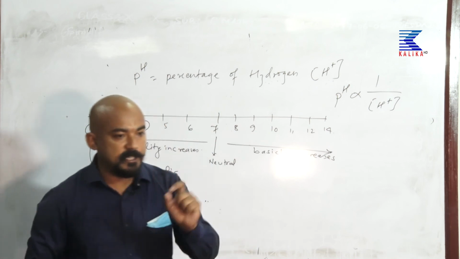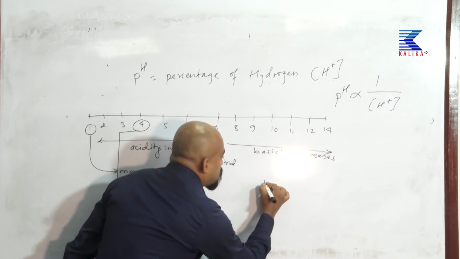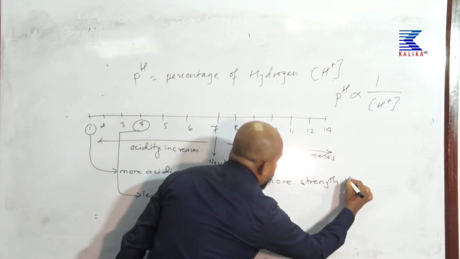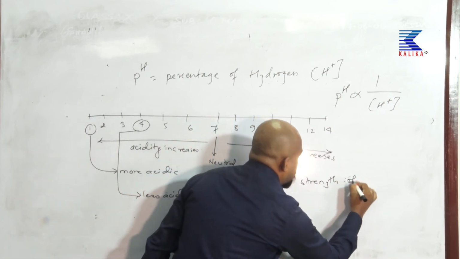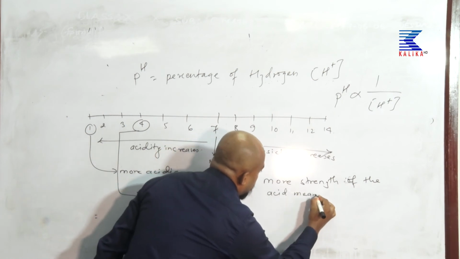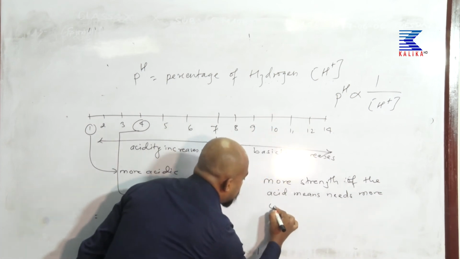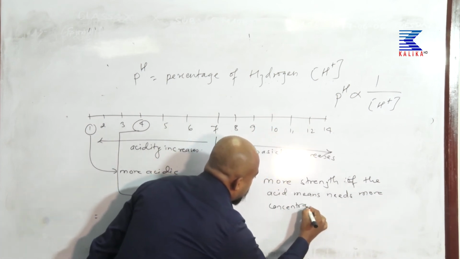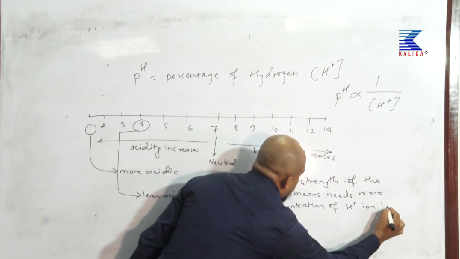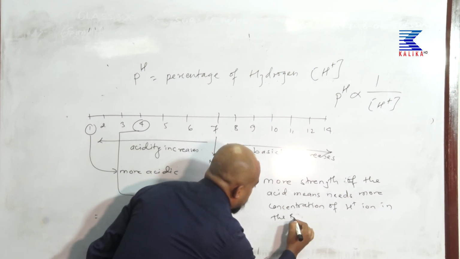For the strength of acid, the more stronger will be the acid, more strength of the acid means needs more concentration of H plus ion in the substances or in the solution.